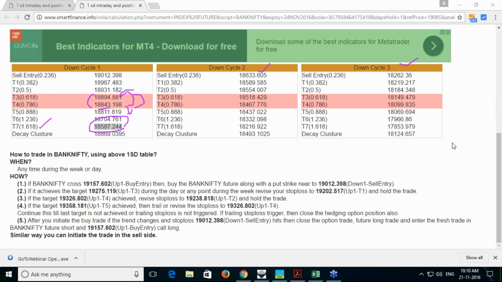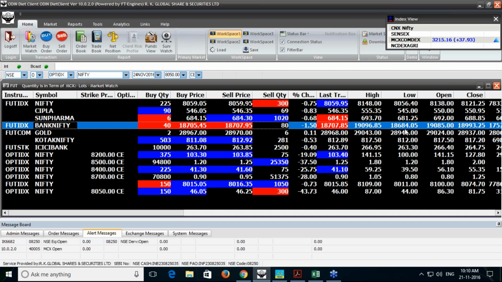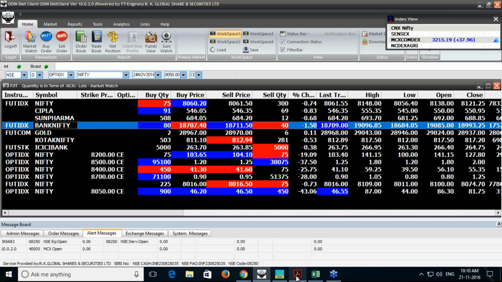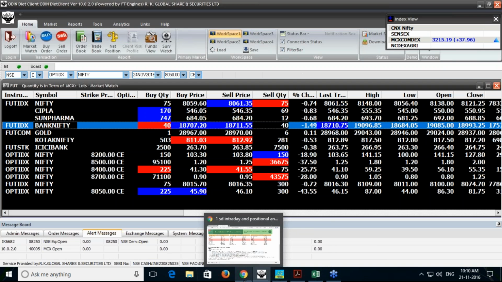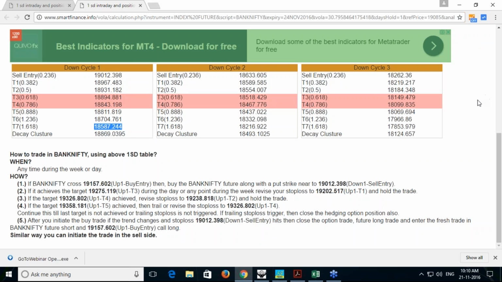So this is how much you have achieved today. We started the session at 10 o'clock, 9:30 onwards you can take. 18,864 you have achieved. 18,684 you have achieved. So your 1.236 target is this one, 18,705. 684 you have achieved.